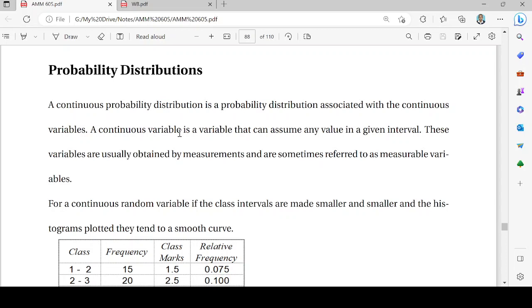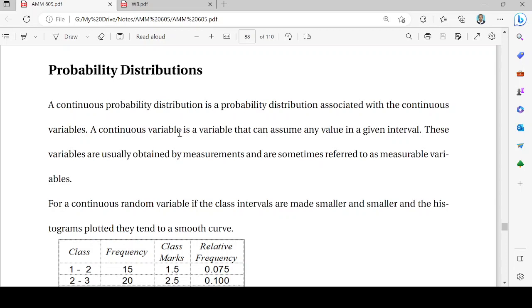Such random variables we shall call continuous random variables. In this section, we shall be looking at probability distributions associated with continuous random variables. So a continuous probability distribution is basically a probability distribution that is associated with continuous random variables.